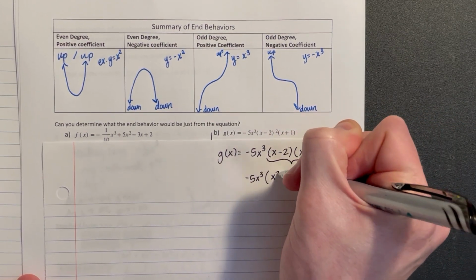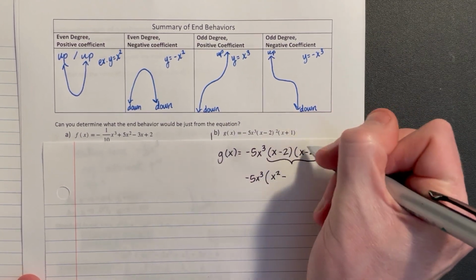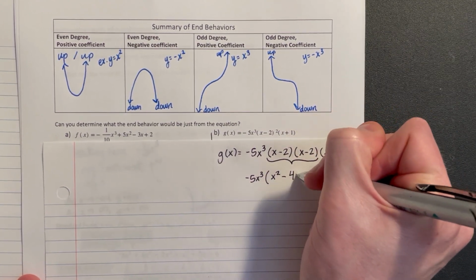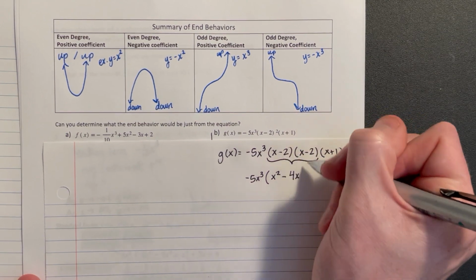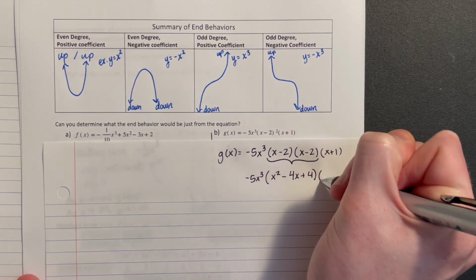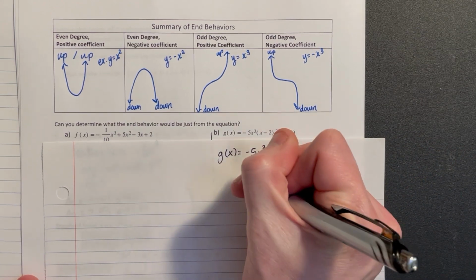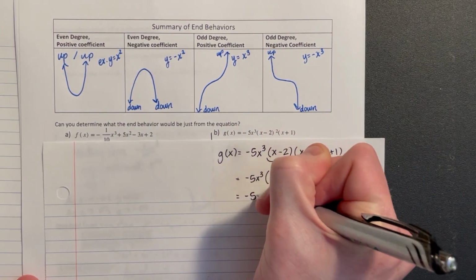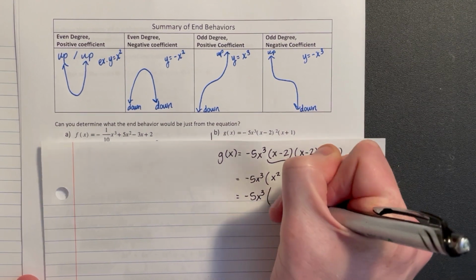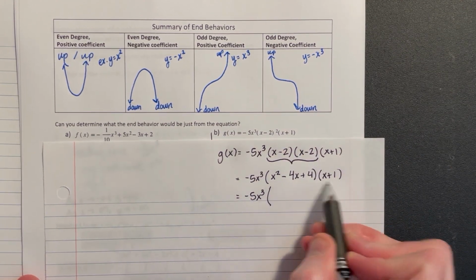But that ends up being x squared minus 2x and minus another 2x and minus 4x plus 4. And we're multiplying by x plus 1. I'm going to leave that negative 5x cubed out and just distribute this section.